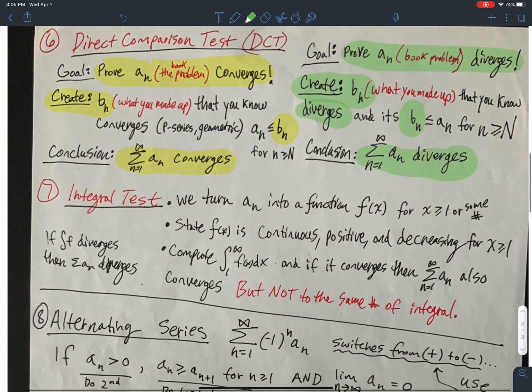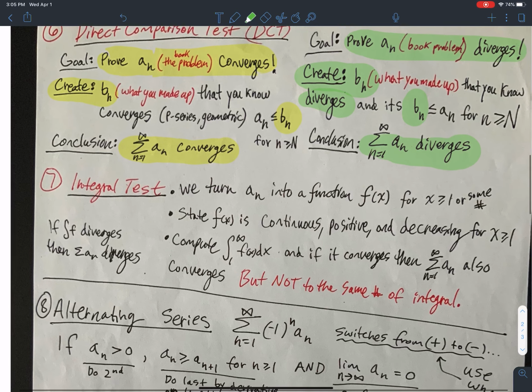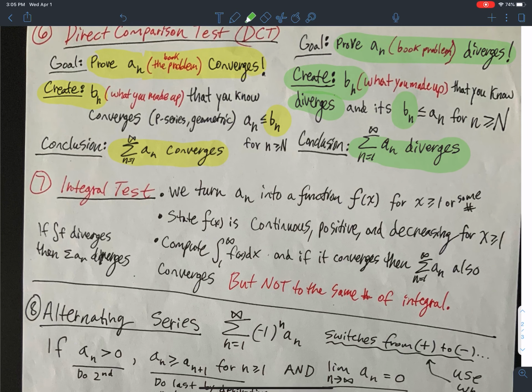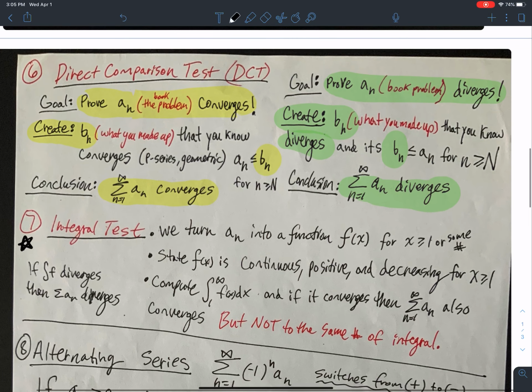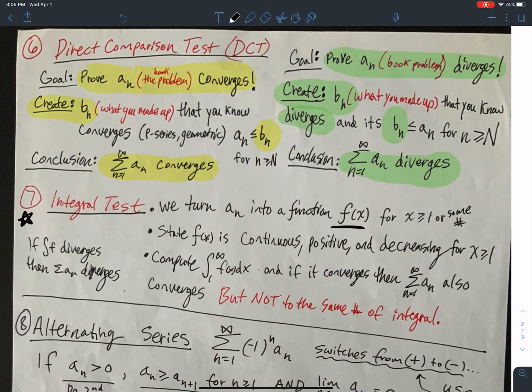Now, the integral test, what do we have going on here? Well, the integral test is a pretty nasty booger, so this one's pretty far down on your list. With the integral test, we turn a_n into a function of x, for x greater than 1 or whatever number we need to start at, as long as it's some finite number, we're good to go.